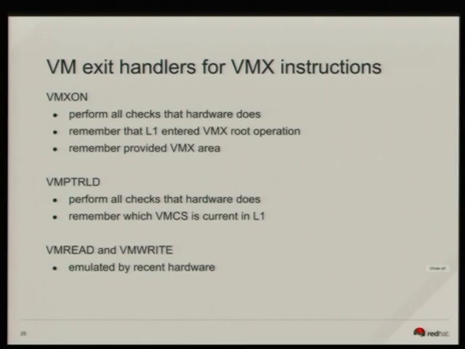And if the checks pass, we will just remember that L1, the guest that's trying to be a hypervisor, entered root operation. VMXON also provides a VMX area, so we will remember where it is. Then VMPTRLD, again, we'll check everything, and just remember what VMCS is active right now in L1, but we won't execute VMPTRLD ourselves. And VMREAD and VMWRITE are luckily emulated by hardware, so we don't have to do that, but otherwise it would be just simple memory accesses.